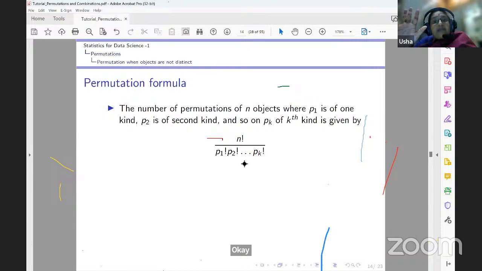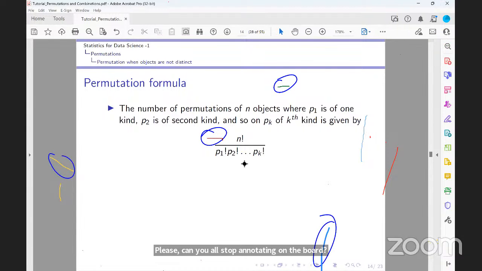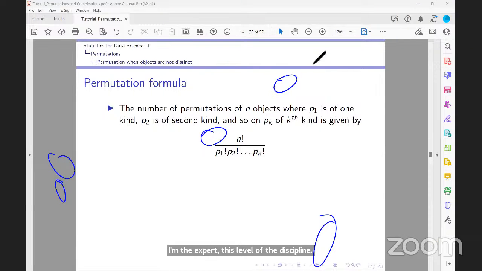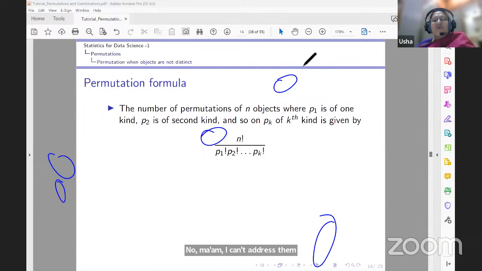Whereas when I'm saying 5 men, I have a request to make. Please, can you all stop annotating on the board? You see, I have people who are making these things. Ma'am, there is an option available to me. Can I erase them? You can erase it, but why are people doing this in the first place? Can't I expect this level of discipline?